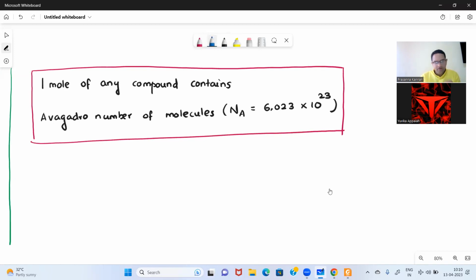So now, let's calculate the number of molecules for the examples that we have taken. The question could be like, I have 98 grams of sulfuric acid. How many moles is it? 98 divided by its molecular mass, 98. So that will be 1 mole, correct?